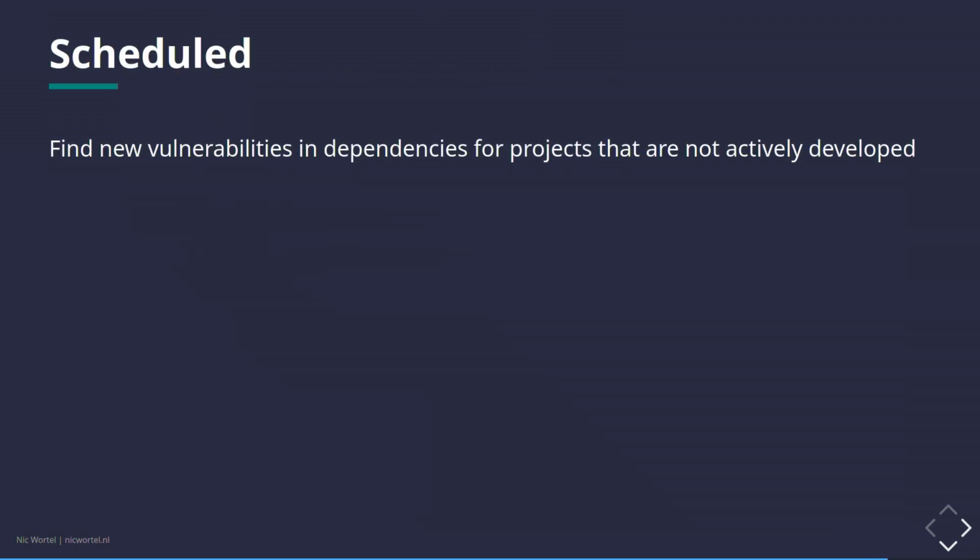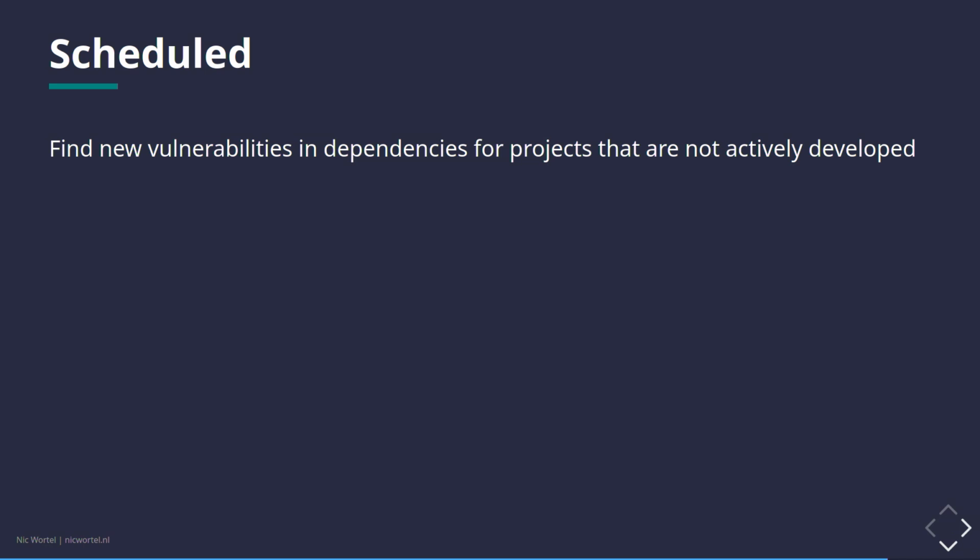In some cases, it can also be useful to run it on a schedule, not just when we push a new commit. For example, if we're checking for security vulnerabilities with Composer audit, but we're not making a commit to the project in 3 weeks, then for 3 weeks we don't get feedback. If during that time a new vulnerability is discovered, we only find out 3 weeks later when we make a new commit.